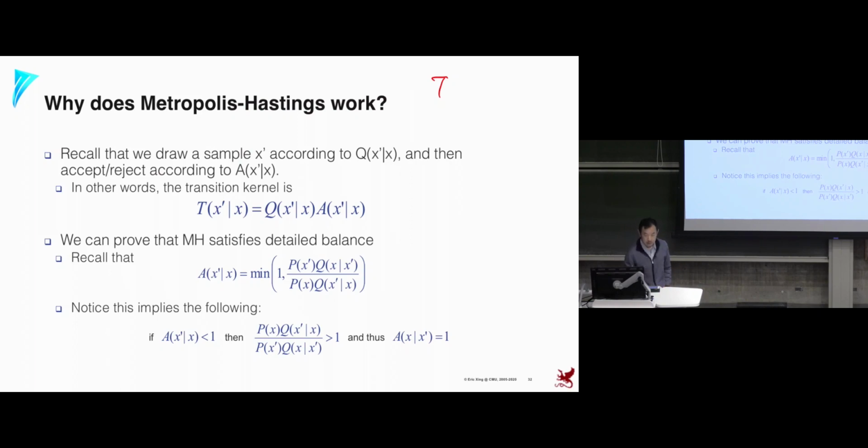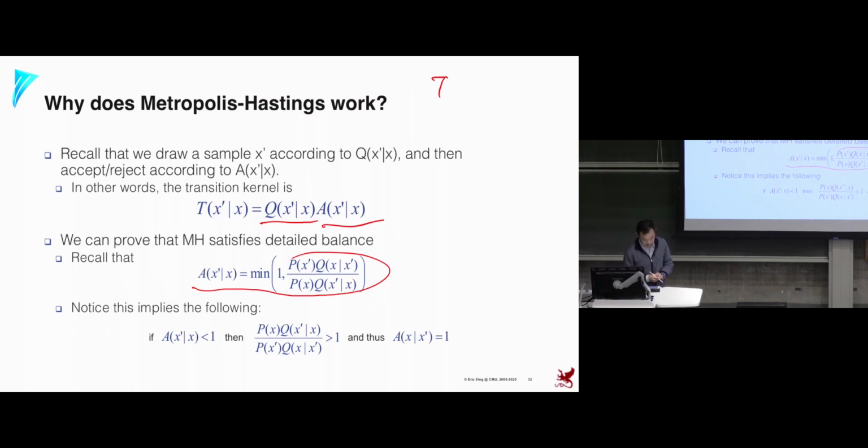So that's why you get this very interesting Metropolis-Hastings algorithm, where the transition kernel is defined by the proposal and also the acceptance formula that we just talked about. Remember, A is defined as the minimum of 1 and the ratio of importance.